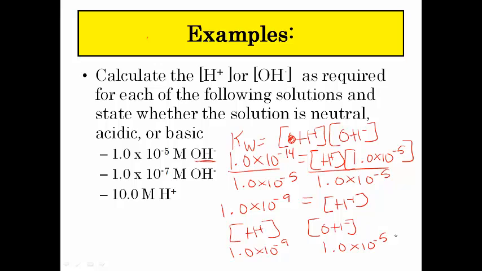Which one is bigger? Remember, with negative exponents, the one that is least negative, whichever one's closer to 0, is the bigger number. So the OH is bigger, so this is a basic solution.